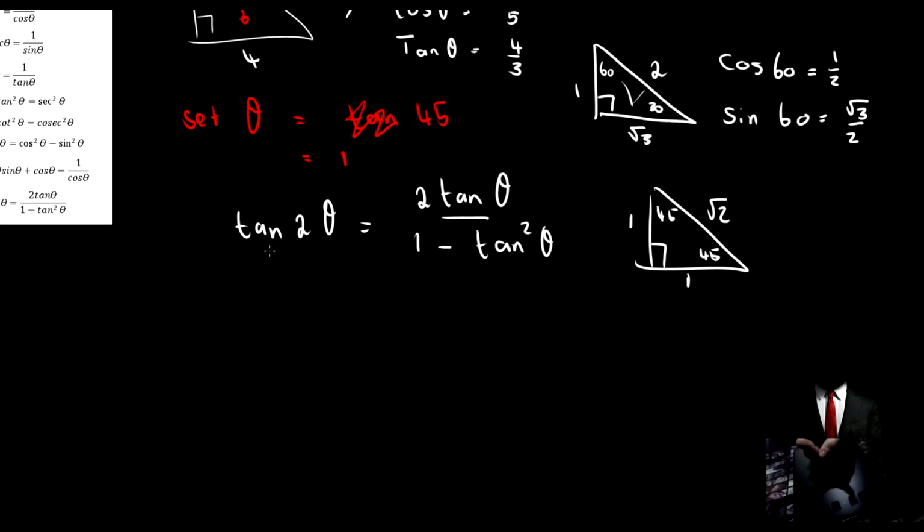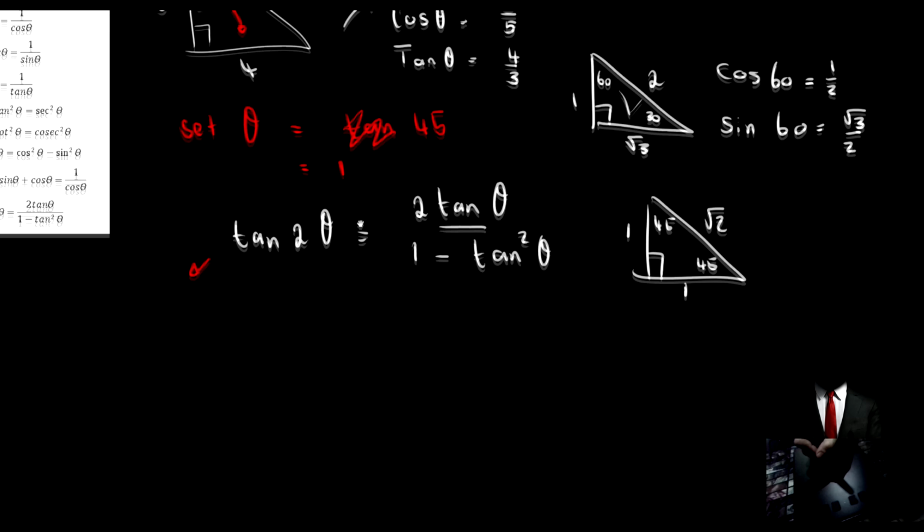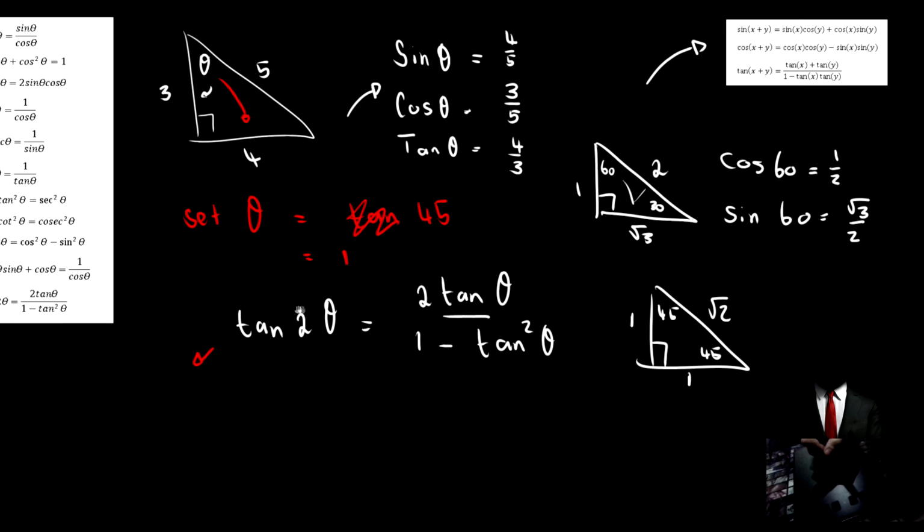But in this case, let's first expand this tan 2 theta. This again just means theta plus theta. So let's focus on this little formula here on the right hand side. We have the tan of theta, but in this case let's use the tan of 45.